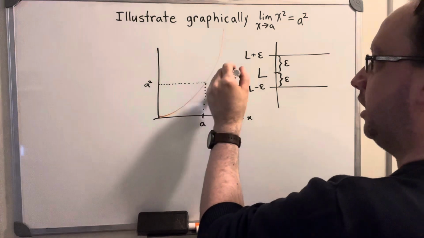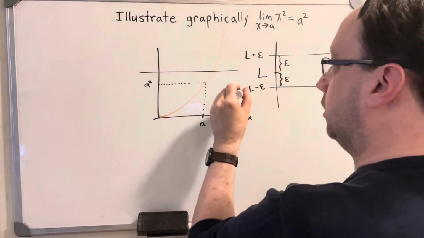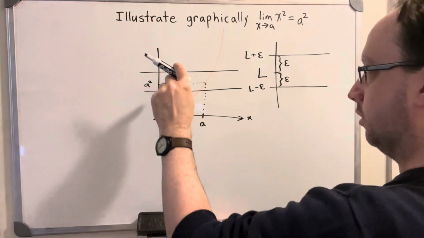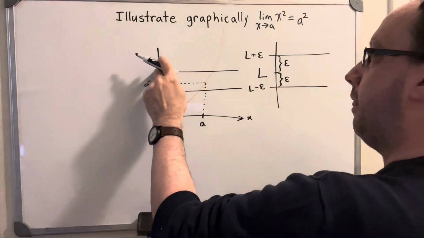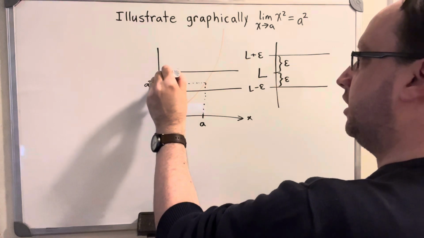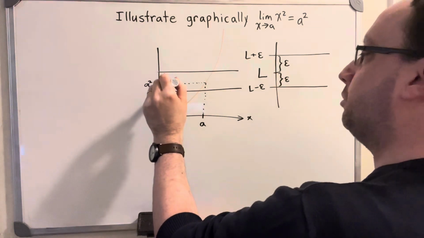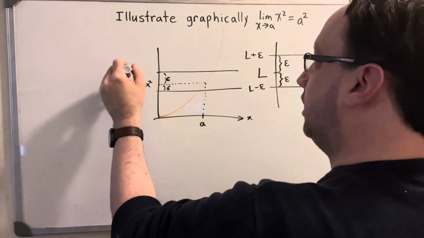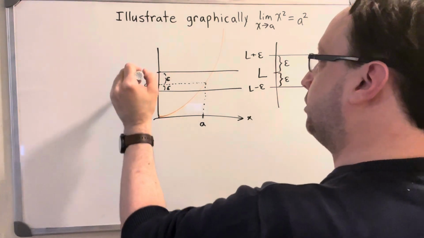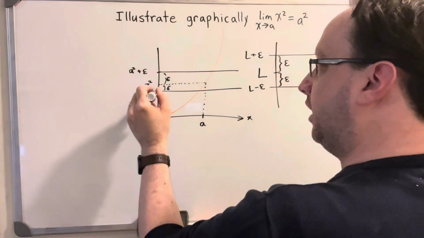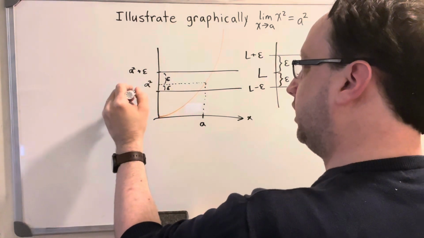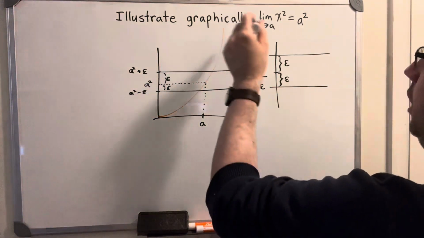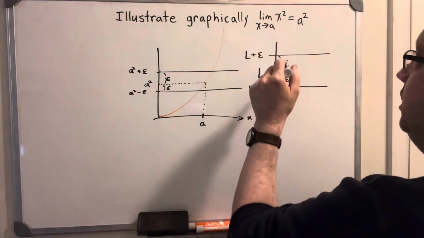Let's say we drew some horizontal lines. Let's just assume that these are equal. Just ignore graphics. This distance here is epsilon. Just pretend that this distance is also epsilon. Then this value would be a squared plus epsilon, and this value would be a squared minus epsilon. We're just drawing what the limit means.